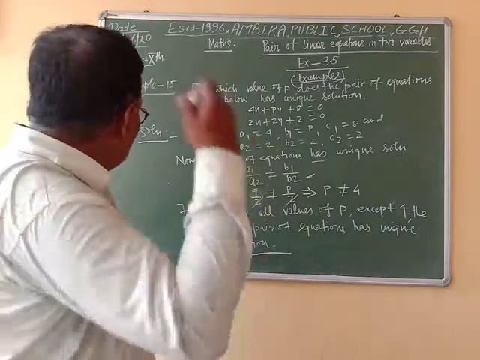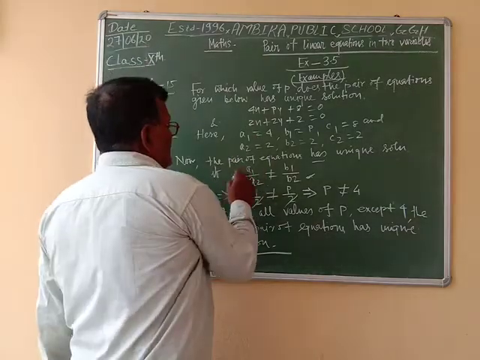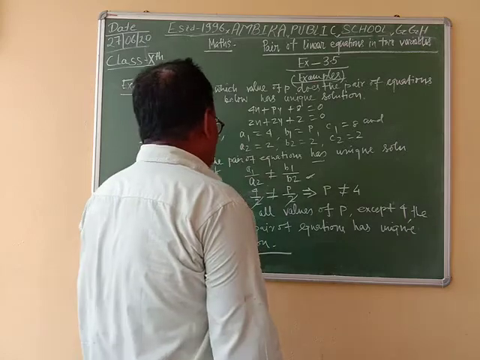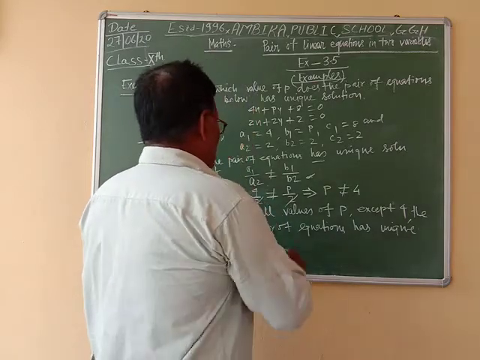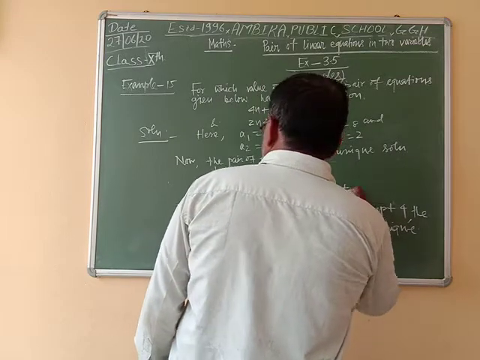So here we have to find the pair of equations has unique solution if a1 by a2 is not equal to b1 by b2. Putting the value of a1, b1 and a2, b2, we observe that p is not equal to 4.